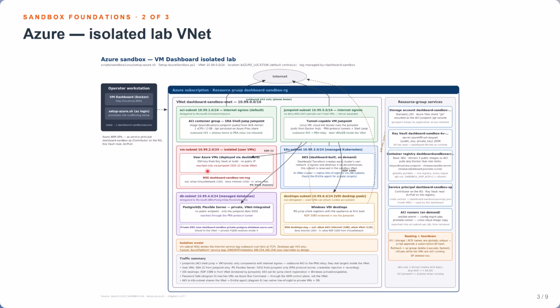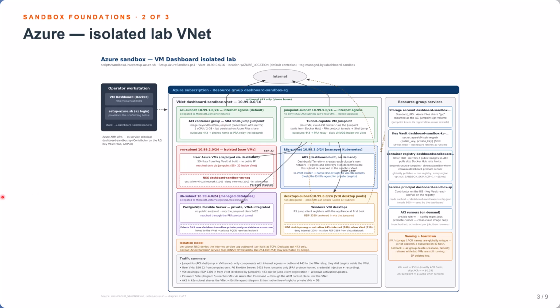Down below, we've got our VM subnet, a K8S subnet, a database subnet, and a desktop subnet for the VDI capability. All of these are private. Everything runs through the public gateway for any kind of public-facing work that needs to be done. And the containers for Ansible, image promotion, all run through this ACI subnet.